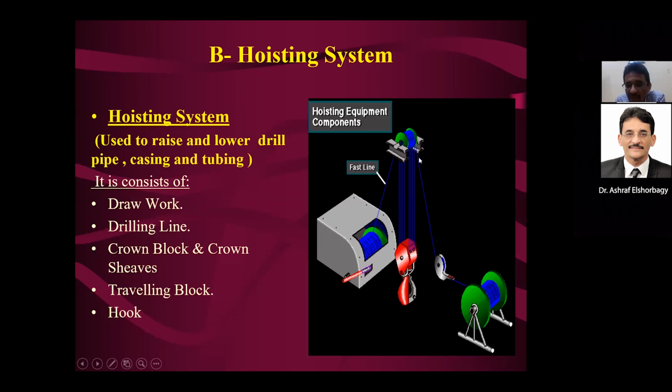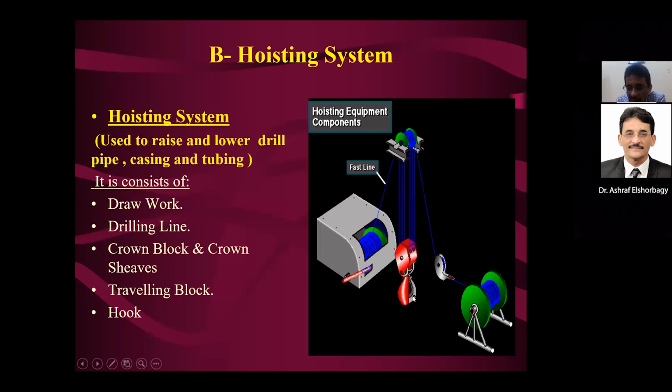And later we go to what is called the dead line, because this line is not moving. And here we have the anchor. That's what is called the hoisting system. And so: draw work, drilling line, crown block, traveling block, and later we have here the hook.